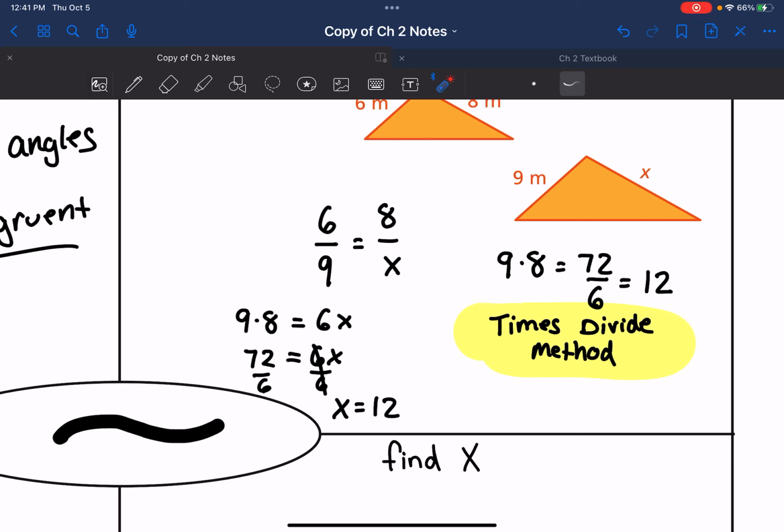Did I eventually take 9 times 8? Yes. Did I eventually have to take 72 divided by 6? Yes. And then did I eventually get what x was? Yes. So times divide, think of it as shortcut cross products, okay? Cross products say you can take this times this and set it equal to this times this.